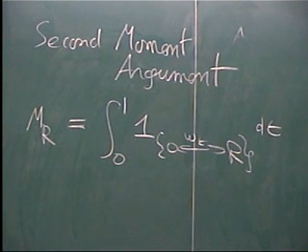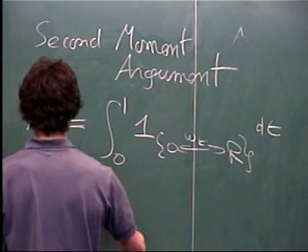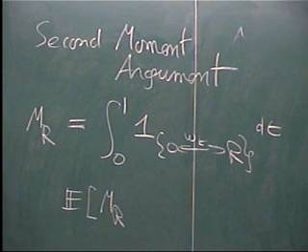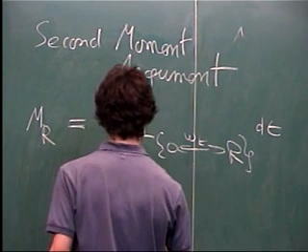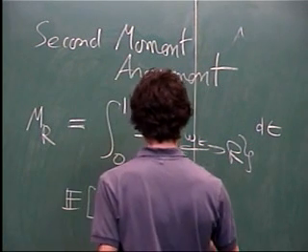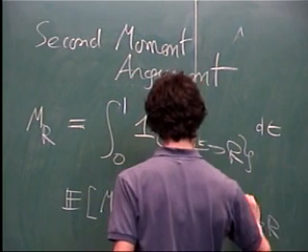And so the first thing that we can say on this is that the expected time where you stay at this distance is easy to compute, because that's the integral from 0 to 1 of the probability that 0 is connected to distance r at time t.